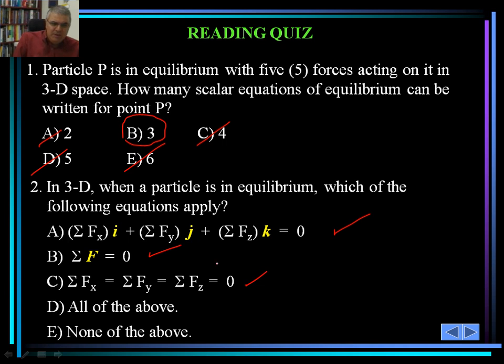Remember, I keep using the word summation, which is represented by this well-known sign of summation. D, all of the above, and E, none of the above. Knowing that A, B, and C can be correct, the correct answer is all of the above, which is choice D in this case.